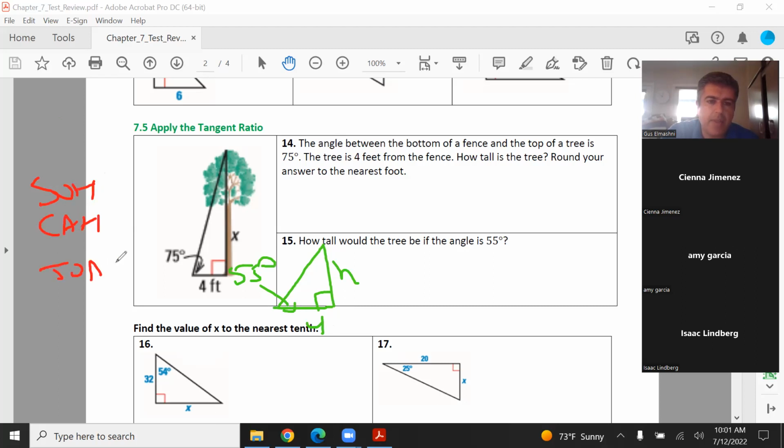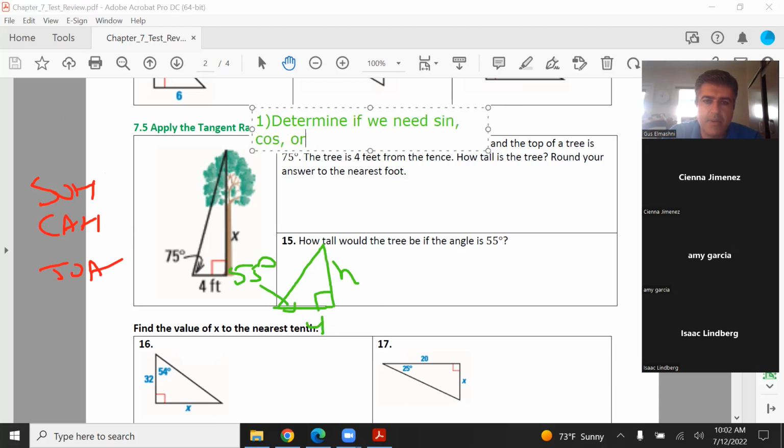If you guys want, I don't want to say a cookbook recipe, but sometimes I have to follow a recipe that I look at over and over again. Step 1: determine if we need sine, cos, or tan based on whether we have opposite, adjacent, or hypotenuse.